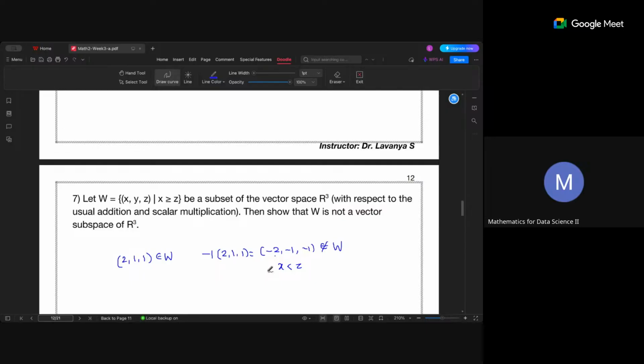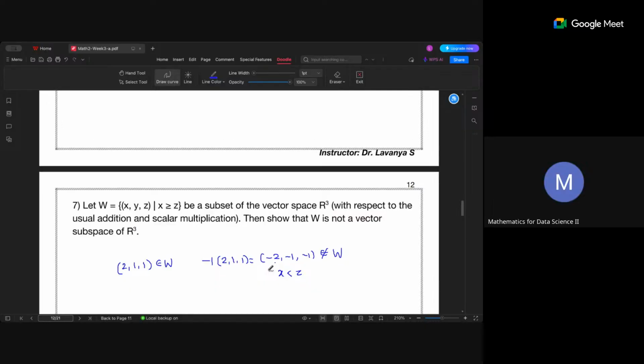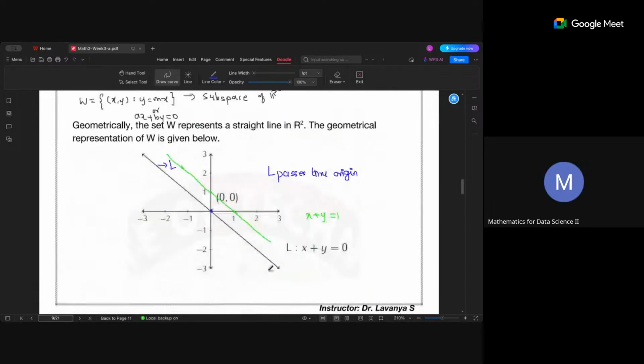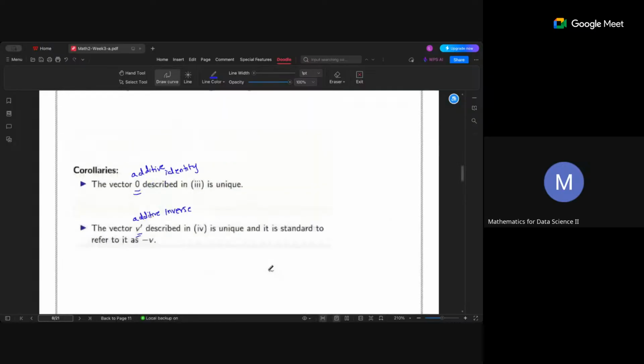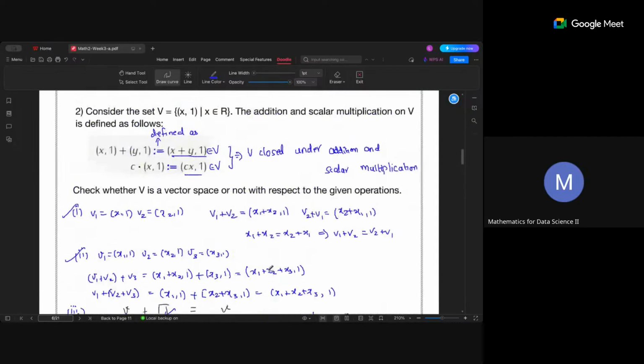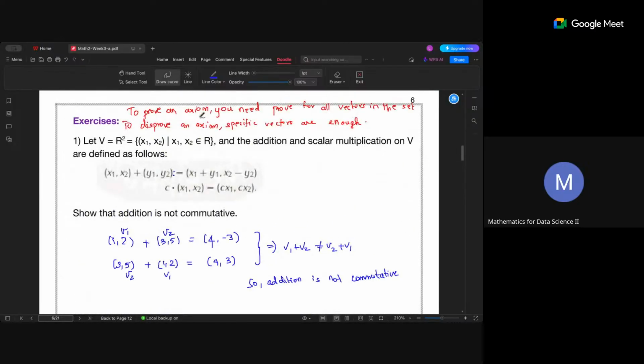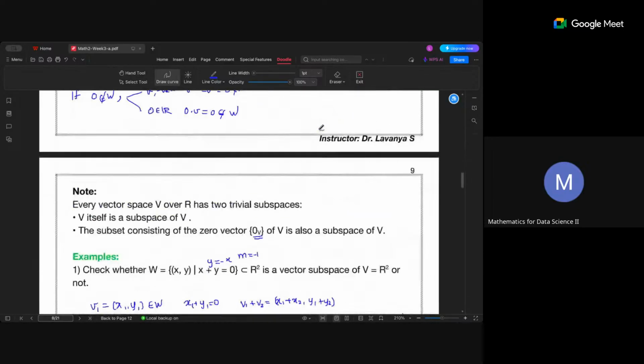Clear? Even if we find a single example, we can claim that it is not. Exactly. To prove something, you need to prove it for all vectors. To disprove, specific vectors are enough.